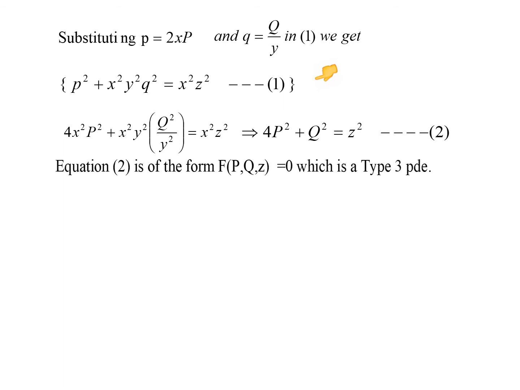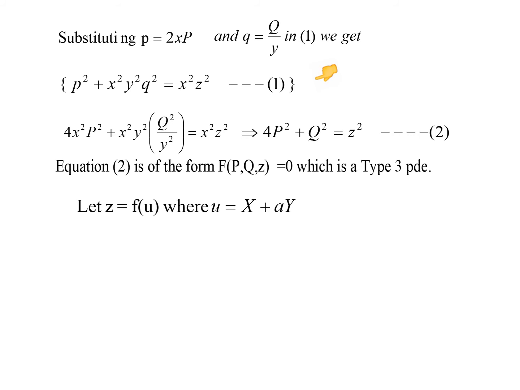Yes, this is our famous type f of p, q, z type, which is our type 3 PDE. So we are going to follow the procedure of type 3, what we had done there. Only a small change: there we usually have small p, small q. Here we are having capital P and capital Q.